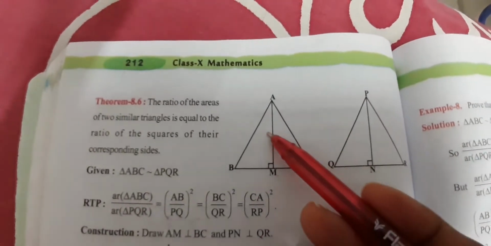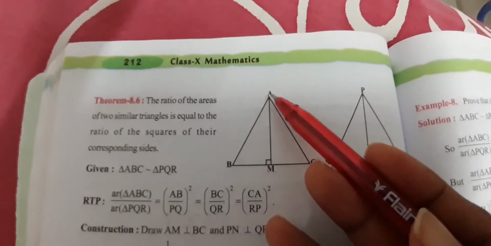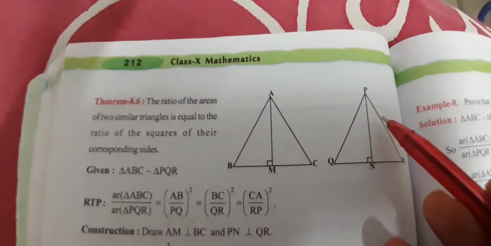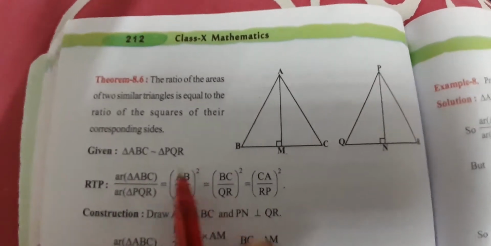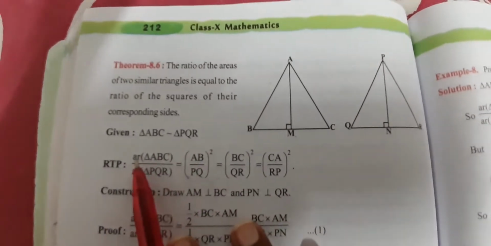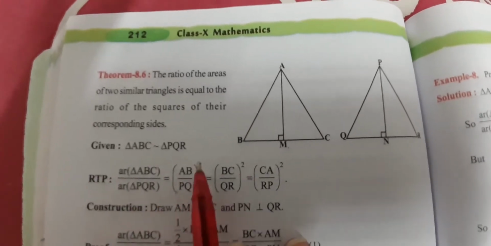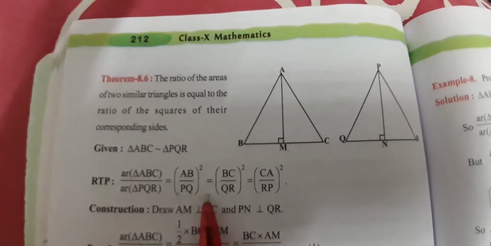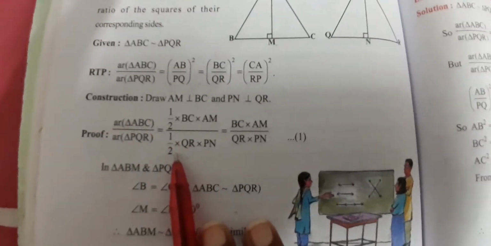Now the area of ABC by the area of PQR will be half base BC into height AM, and here also half base QR into PN. So that is what we are going to say, that the ratio of the areas must be equal to the ratio of squares of their corresponding sides. Is that what we need to prove? To prove that, we have already considered the heights.